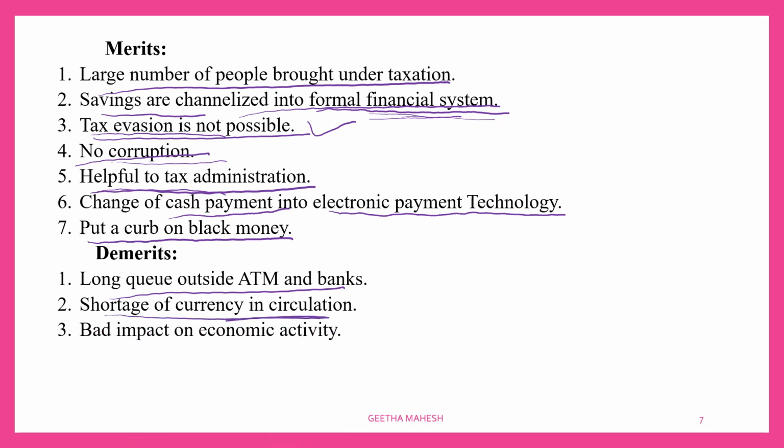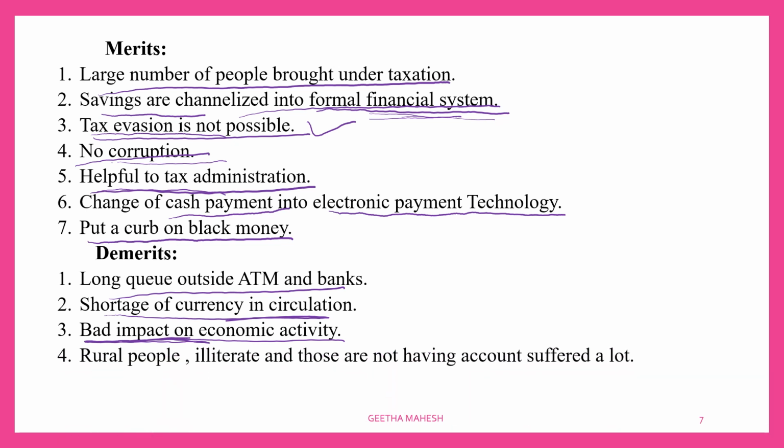When there is a shortage of currency in circulation, it has a bad impact on economic activities. Rural people, the illiterate, and those who do not have accounts suffered a lot, because only through an account can they deposit and withdraw new currency.